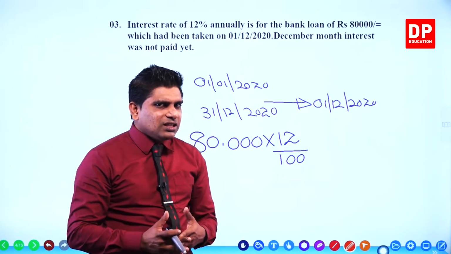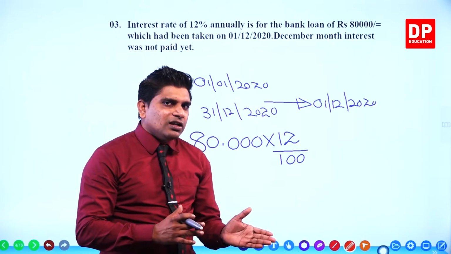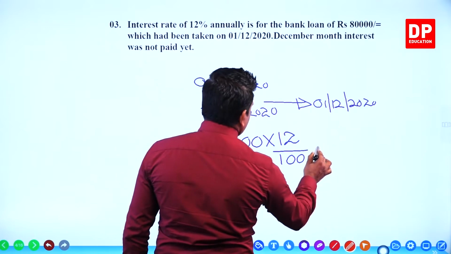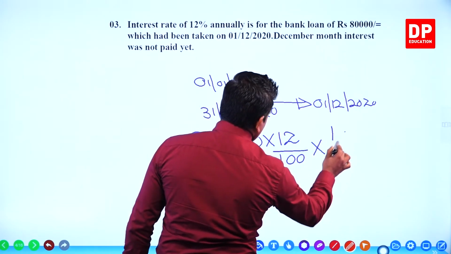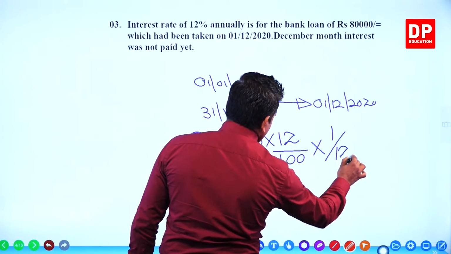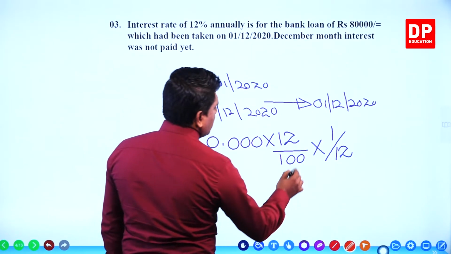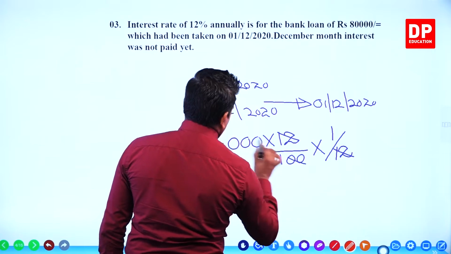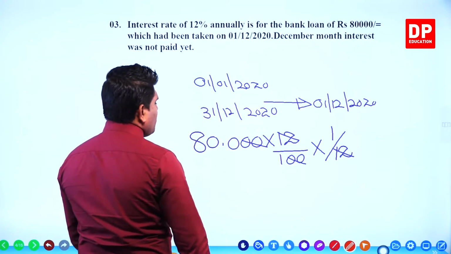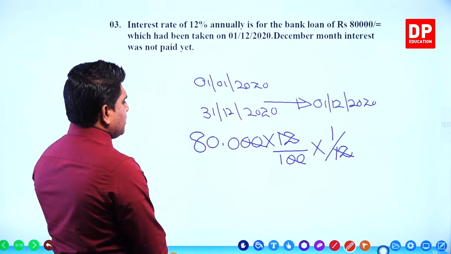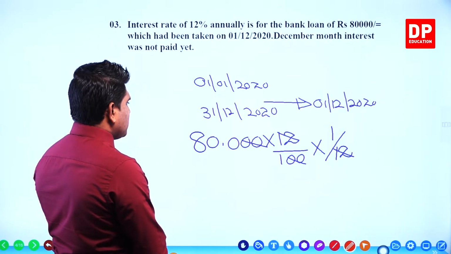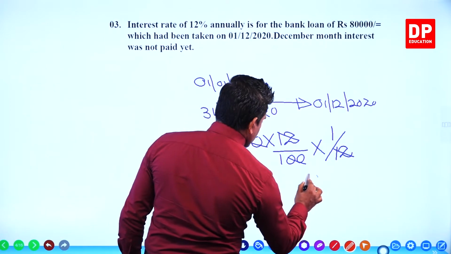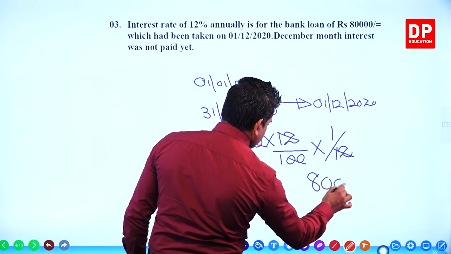But the problem is they have obtained the bank loan on 1st of December. Then into only 1 month interest, 1 over 12. How much is the interest for the month of December? 800 rupees.